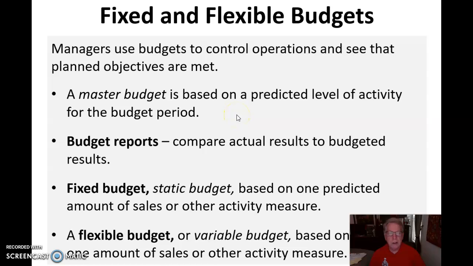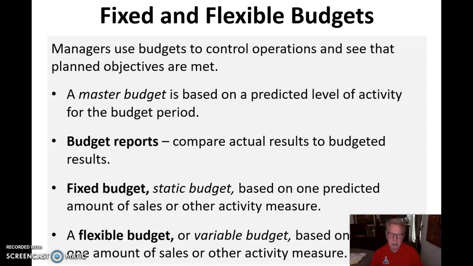We use budgets to control operations, and I think you're pretty clear on that. And we see that the planned objectives are being met. The master budget is based on the predicted level of activity for a budgeted period. Pretty straightforward there. Budget reports simply compare actual results to budgeted results.